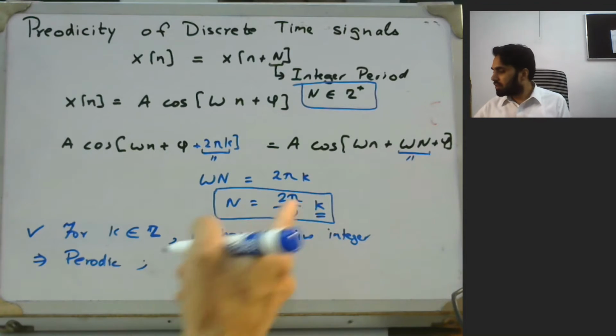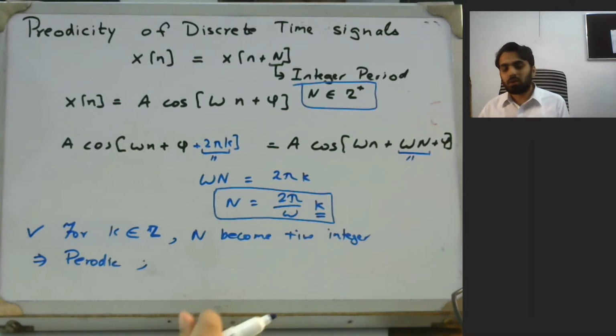Furthermore, the smallest value of k for which this N would become an integer is called the fundamental period or fundamental integer period.